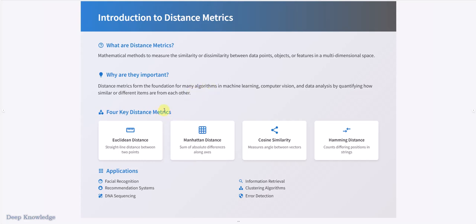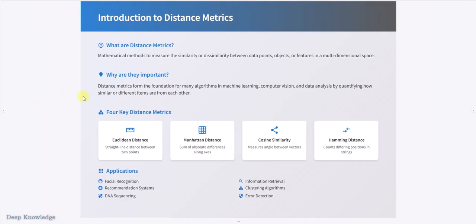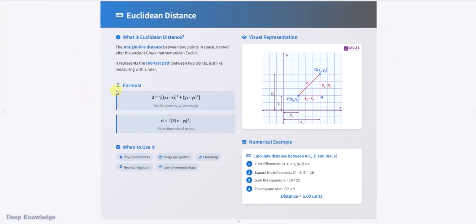And the formula, where is the formula? Okay, this is the next slide. As you can see here, you have a point from here to here, and you just need to calculate the distance, which is the x position minus the x of the other point.